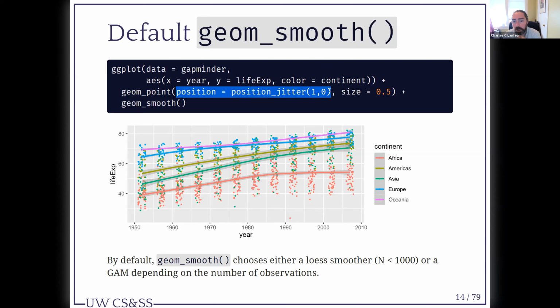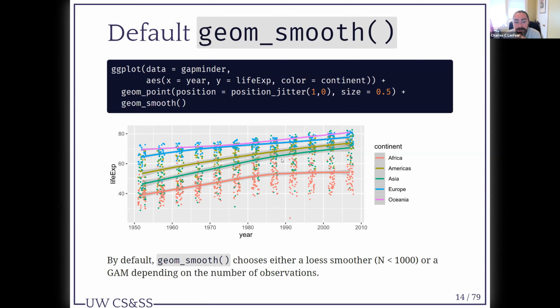I jitter the dots so they don't all overlay each other. Instead of being all in one line for the year, they're spread left and right a little bit. And then I just say geom_smooth. If I just say geom_smooth here, it's going to draw a slightly bendy line through all of the points for each one of the continents.